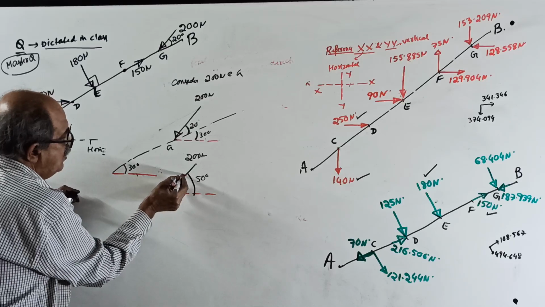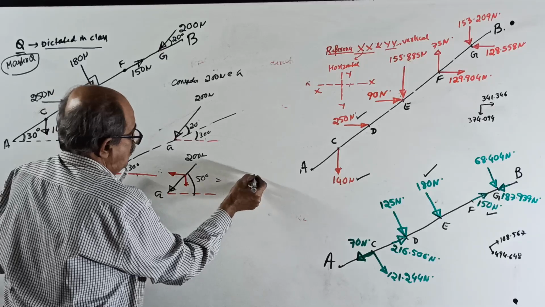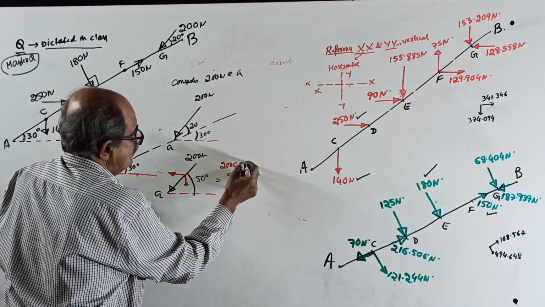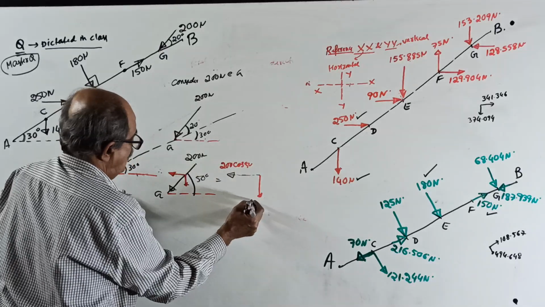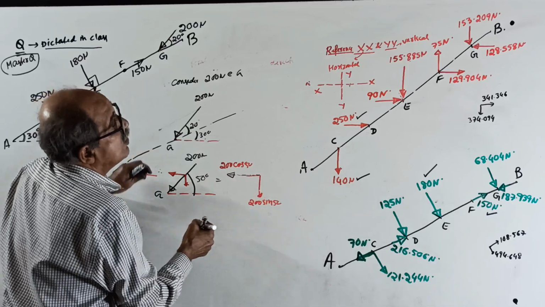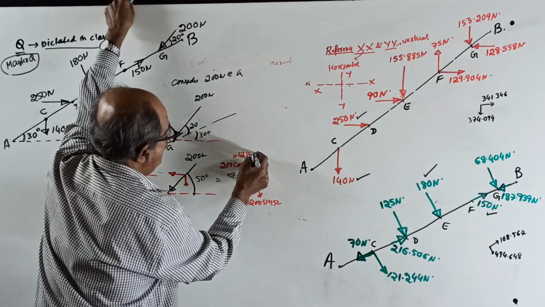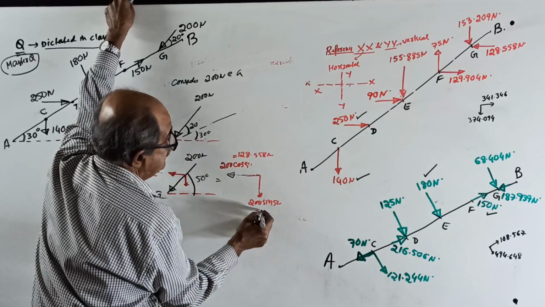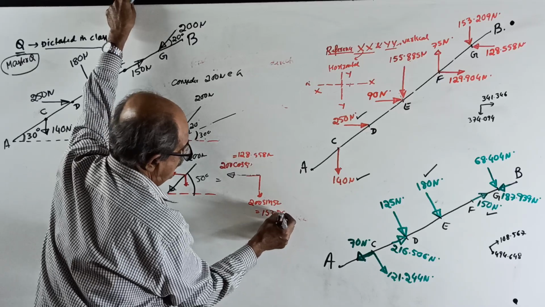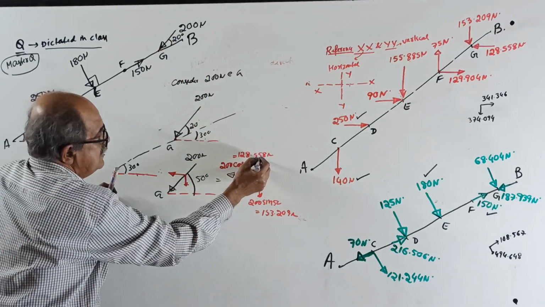Now if you resolve it, one component like this and one like this: the horizontal component is 200 cos 50, and the vertical downward is 200 sin 50. 200 cos 50 is 128.558 Newton, and the other is 153.209 Newton.